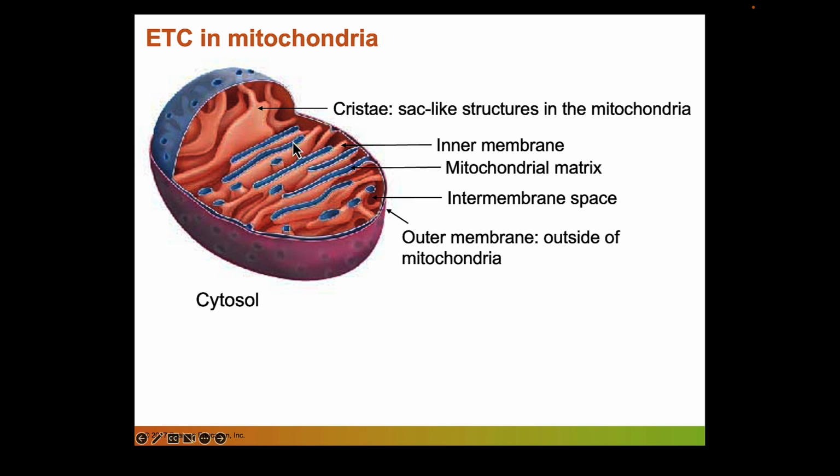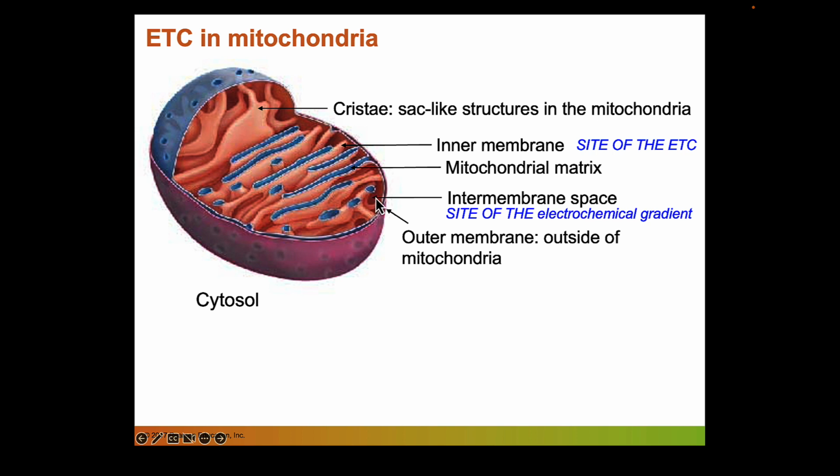Between the inner membrane and the outer membrane is the intermembrane space. So some locations to keep track of today: the electron transport chain is a series of proteins and other molecules that are embedded into the inner membrane, the membrane that makes up the cristae.